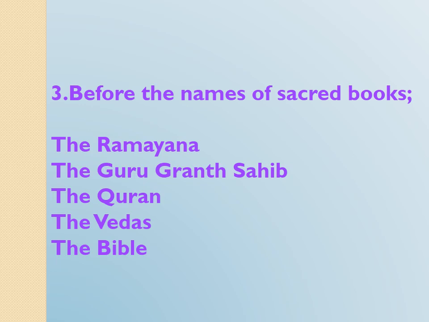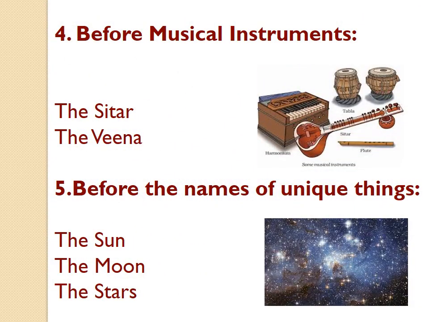Okay, students? Now, we also use the definite article the before musical instruments. Yes, before the names of musical instruments, we use the definite article the. For example, the sitar, the veena.